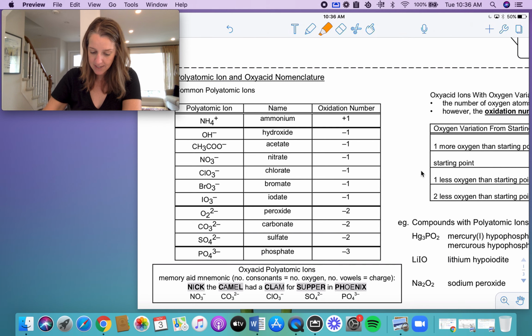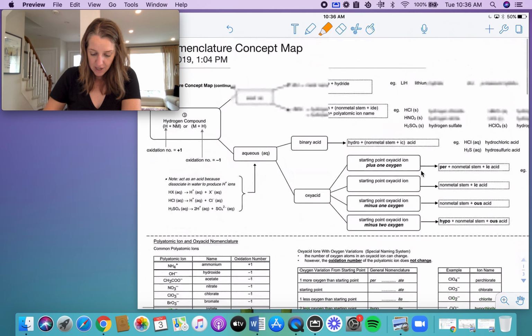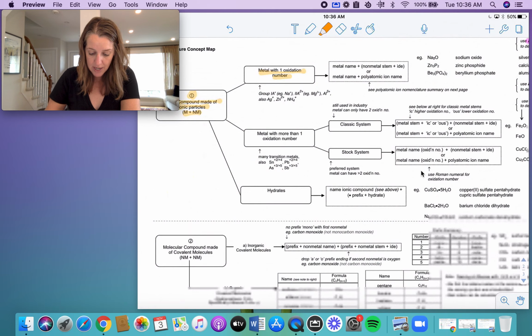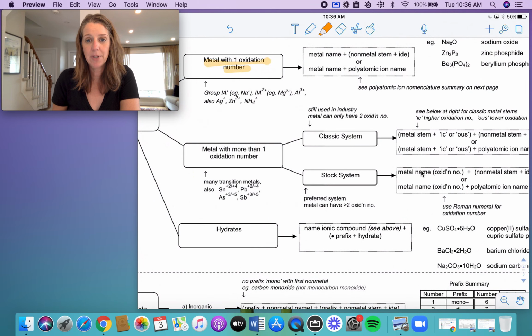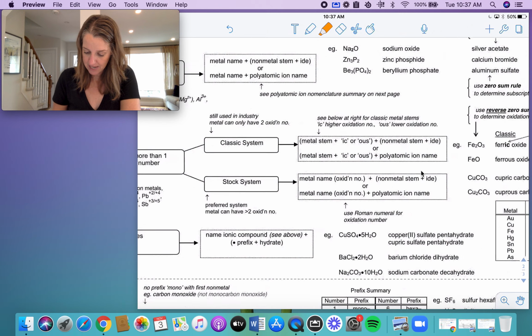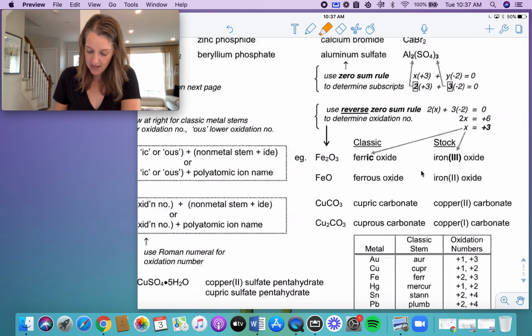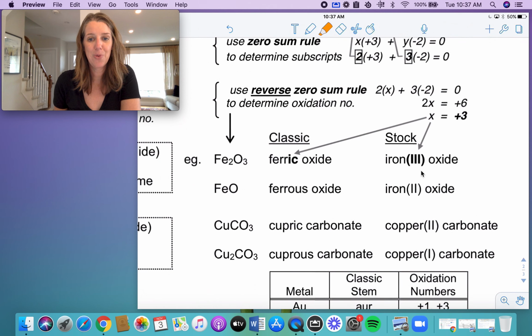Next, we've got our metal with more than one oxidation number, and you remember that there are 2 systems for this. There's the classic system and the stock system. There's a bit of a memory table you can work on for that, and you will need to be familiar with both. So whether it's ferric oxide and iron(III) oxide, can I highlight a couple of things here with regards to conventions as you're writing?